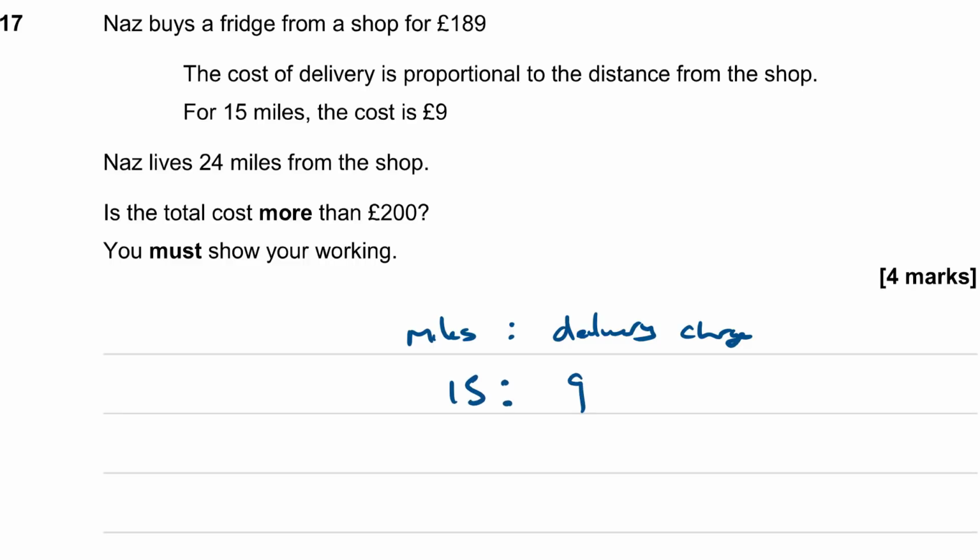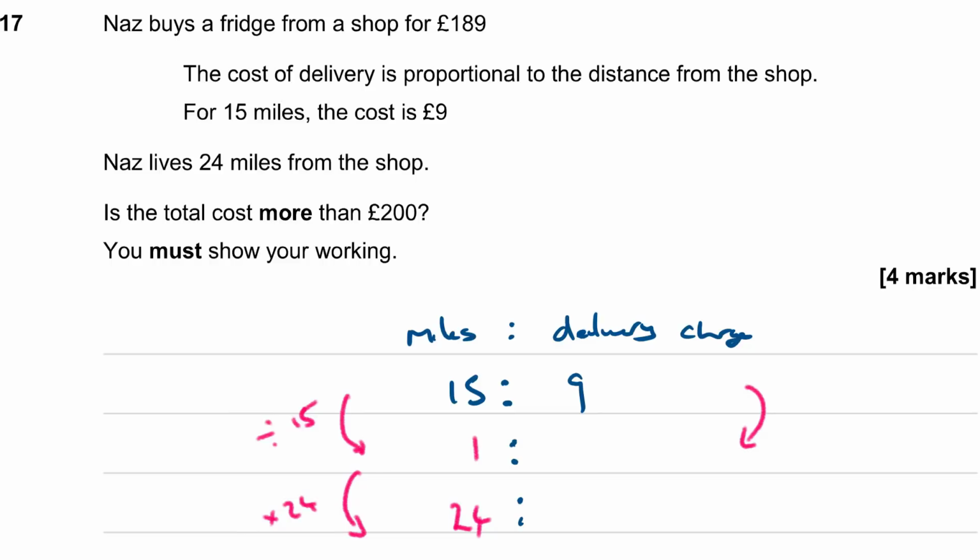Now, using the unitary method, we would work out the delivery charge by dividing through by 15 and then timesing through by 24, and that would give us 24 miles, and that gives us one in the middle, which is why it's called the unitary method.